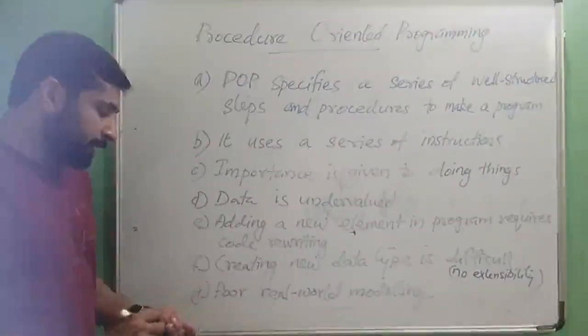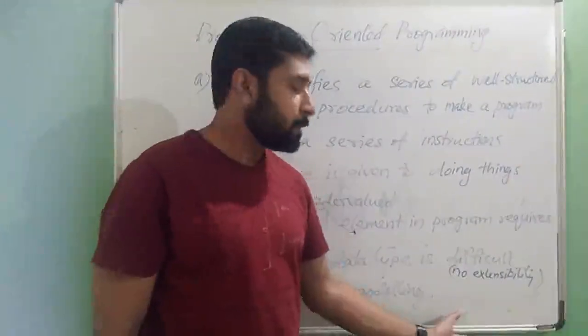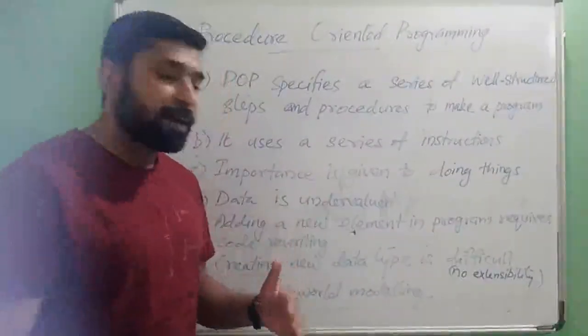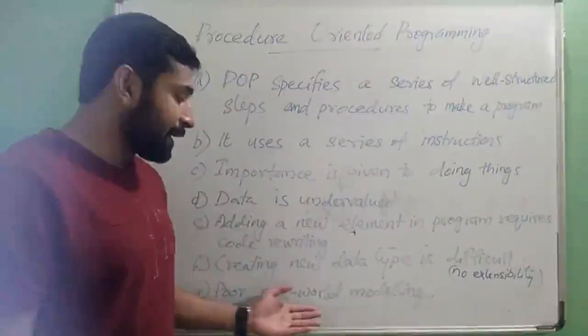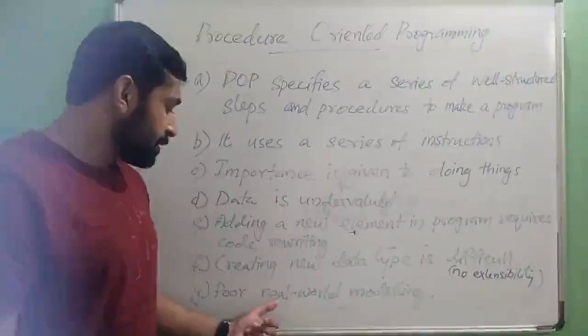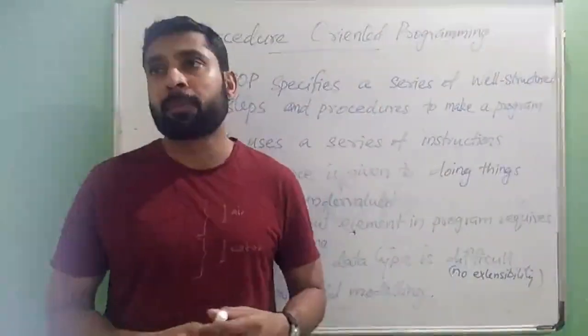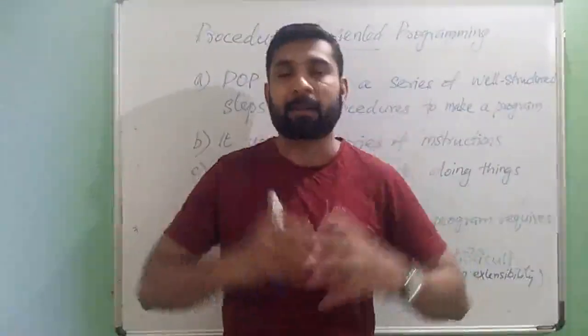And the final point is poor real-world modeling. This is the comparison with object-oriented programming. In object-oriented programming, it is possible to model a real-world scenario easily. Suppose we are modeling a car.